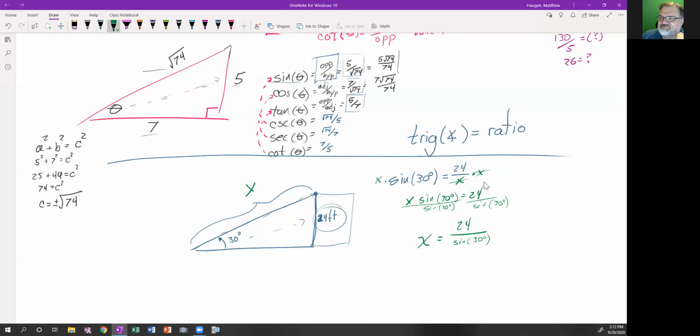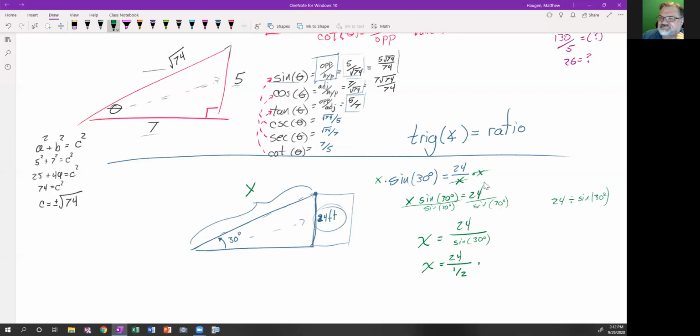So often you'd even grab your calculator and say, okay, tell me what 24 divided by the sine of 30 degrees is, making sure you're in degree mode, and it would spit out this answer. But as I said, sine of 30 degrees is a very nice one. You'll learn the nice ones. The sine of 30 degrees happens to be exactly 1/2.